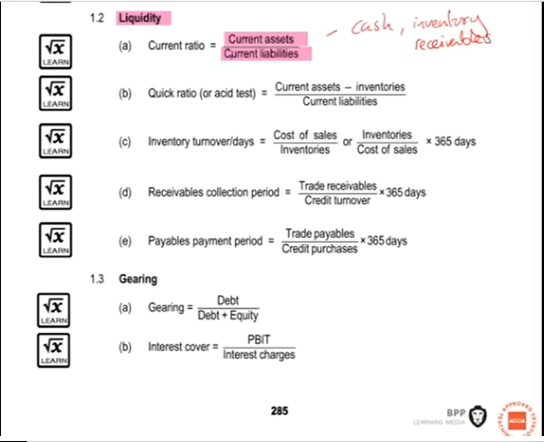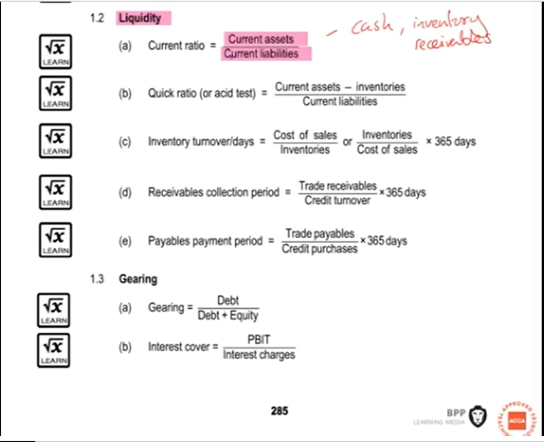Our current liabilities would obviously include things like our overdraft and money that we may owe to our suppliers. So the question is simply, do I have enough of those assets to meet my liabilities when they fall due? Can I pay my suppliers when it reaches the 30 days of credit that I have on the invoice?